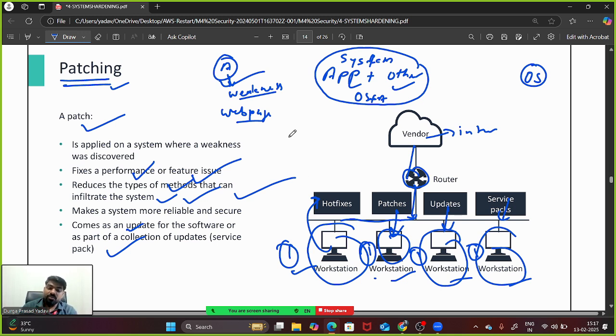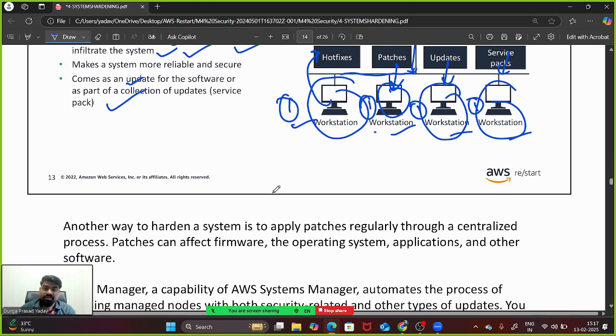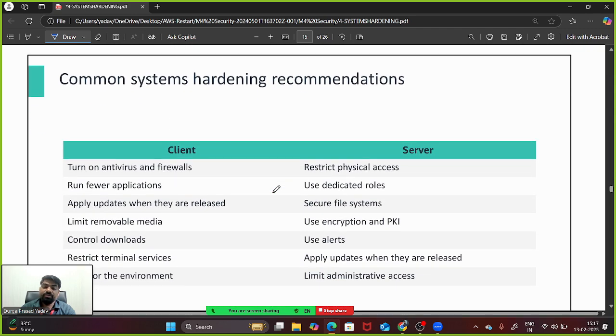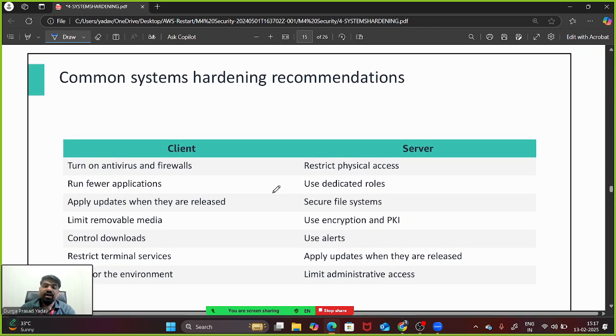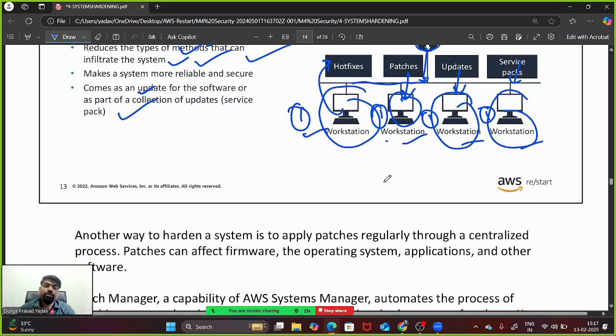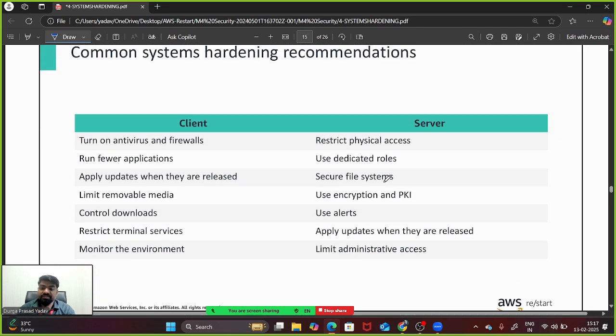Maybe identical problems also sometimes. So you should know how to resolve it. Either you will be using a patch, or hot fixes, or you will update the system, or the last one, you will apply service packs.